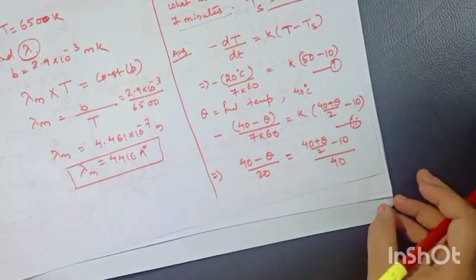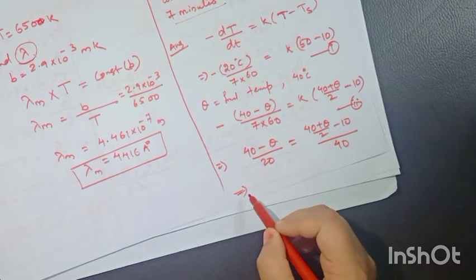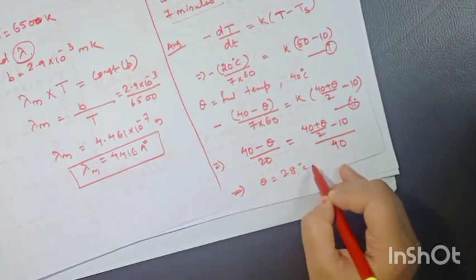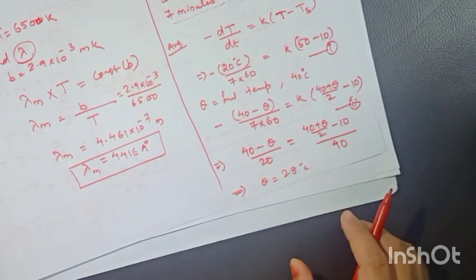So solving these two equations, I will get the final temperature of the body to be 28 degrees Celsius. This will be the temperature of the body after the next 7 minutes.